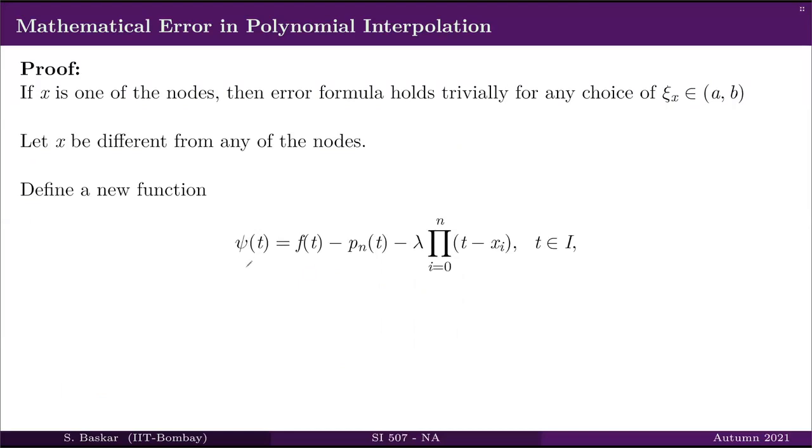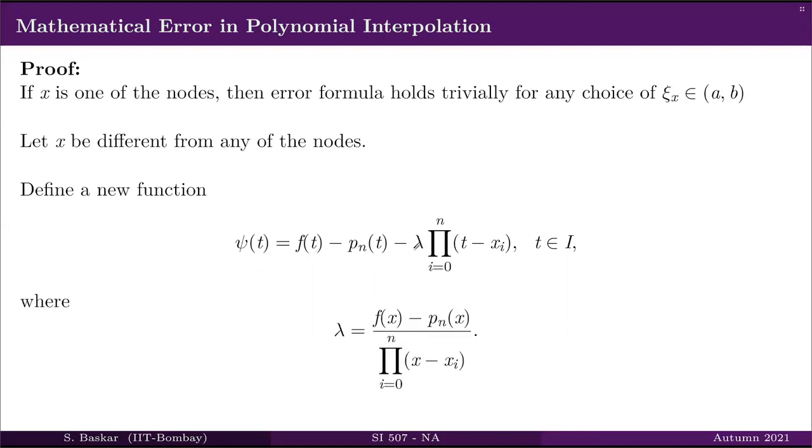That is, define a function ψ(t) equal to f(t) − Pn(t) − λ times the product for i equal to 0 to n of (t − xi). What is λ? Well, we have to choose this λ in such a way that ψ(x) is equal to 0. Now you would have understood that this idea is quite familiar to us.